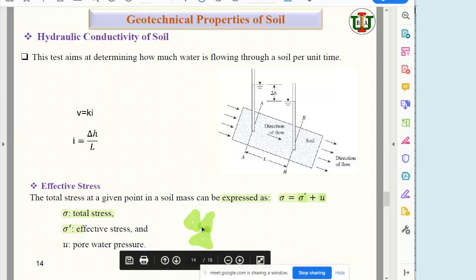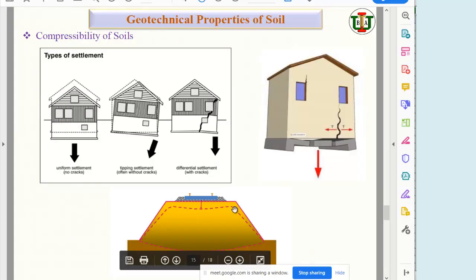One particle is connecting to another. If this particle is transferring the stress to this, and this particle is transferring the stress to this, this is exactly the effective stress. No water pressure is considered, only stress coming from particle to particle.